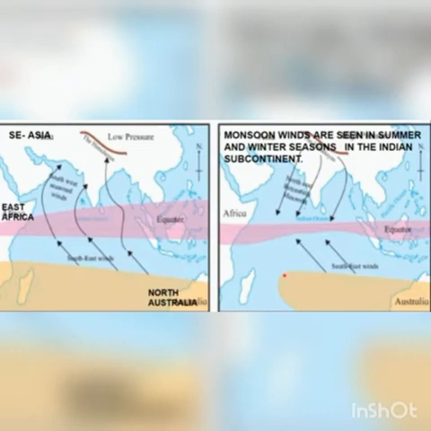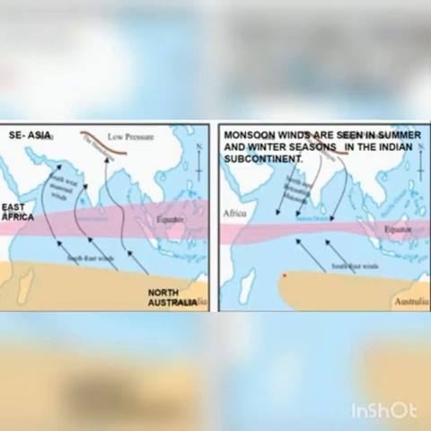On the left side you can see Africa. And on the right, at the bottom part, you can see Australia. So, Southeast Asia, East Africa, North Australia are the regions where the pronounced effects of these winds are felt.